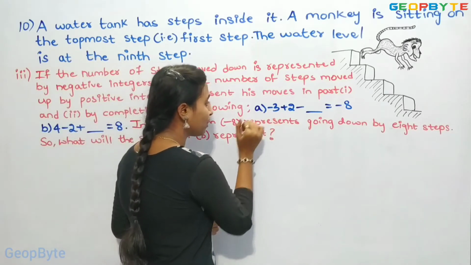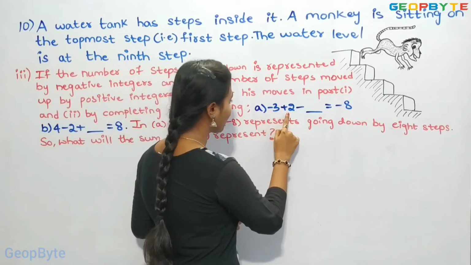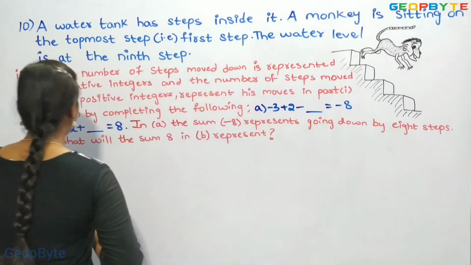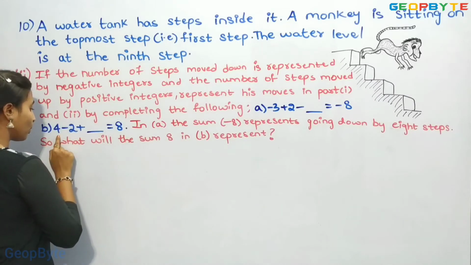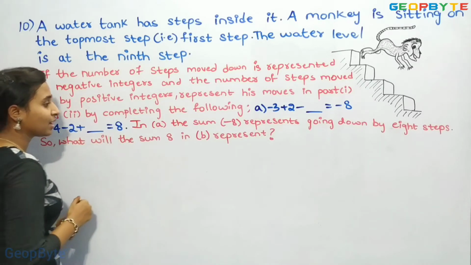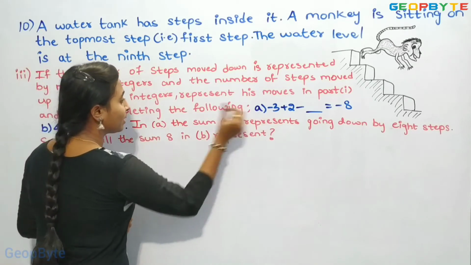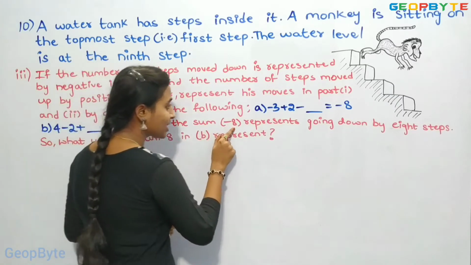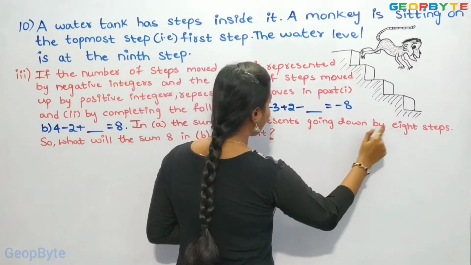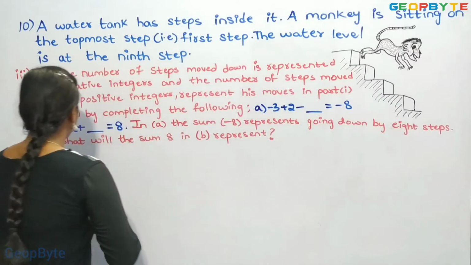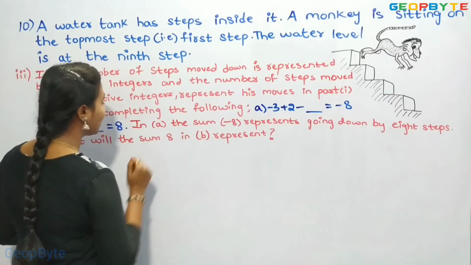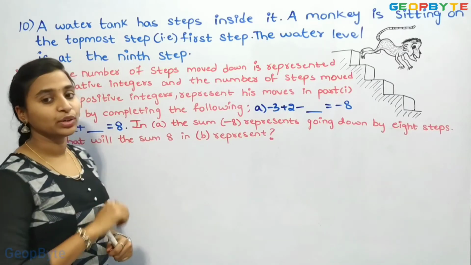We have A bit as minus 3 plus 2 minus dash is equal to minus 8 and B bit as 4 minus 2 plus dash is equal to 8. In A bit, the sum is minus 8. Minus 8 represents going down by 8 steps. So, what will the sum 8 in B represent? That is, this 8 we need to find.